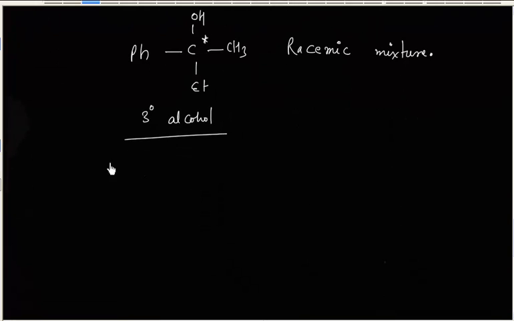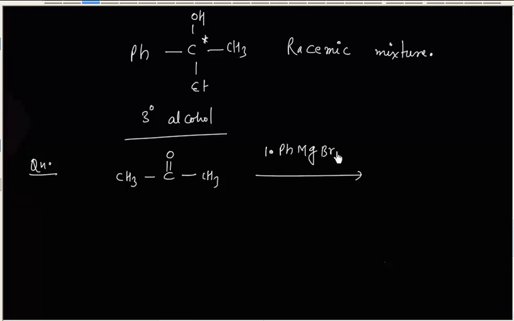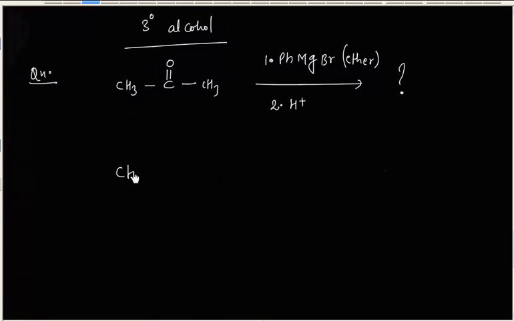Now let us say if I have this ketone, and now if this is treated with PhMgBr and the medium is ether, and the next step is acidification. What will be the product in this reaction? Again we will have an alcohol, and this time we will have a 3 degree alcohol.